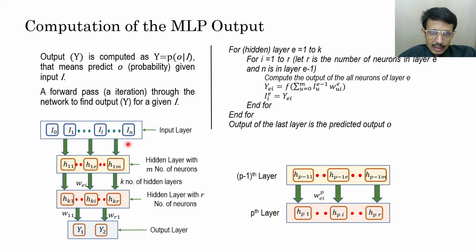This is the basic setup of a feed-forward network: an input layer, k hidden layers, and an output layer with these neurons.